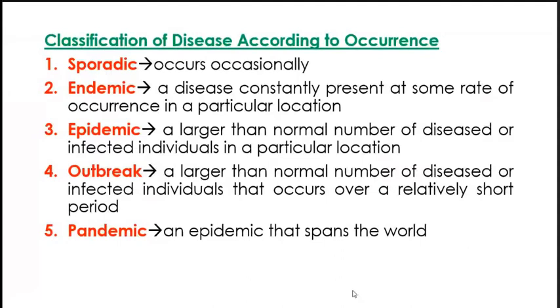So once a disease has been eradicated, kahit isa lang yung case na makikita, pwede natin siyang tawagin outbreak. Okay? So, yun yung classification ng disease natin according to occurrence nila. It's not just the number, but it depends din. So that you have your sporadic, endemic, epidemic, outbreak, and then pandemic.